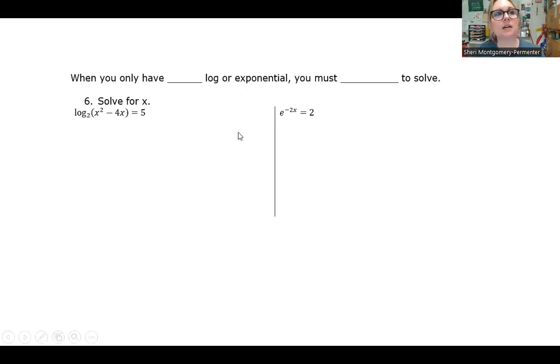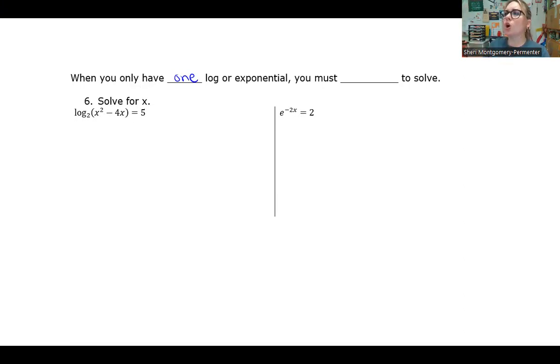One last thing to talk about. When you only have one log or exponential, when you only have one. So when I look here, is this the property of equality? Do I have a log on both sides? No, I don't have a log on both sides. What about here? Do I have a base on both sides holding something up? No, I don't.